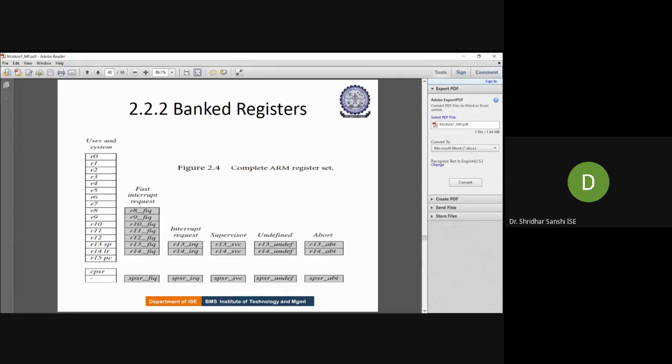Say divide by zero is one of the exceptions. Like that we have many software interrupts, and if we have any, the mode will be changed. Or if you are accessing memory which is not there, the mode can be changed from one mode to another. In these scenarios, the modes will be changed.